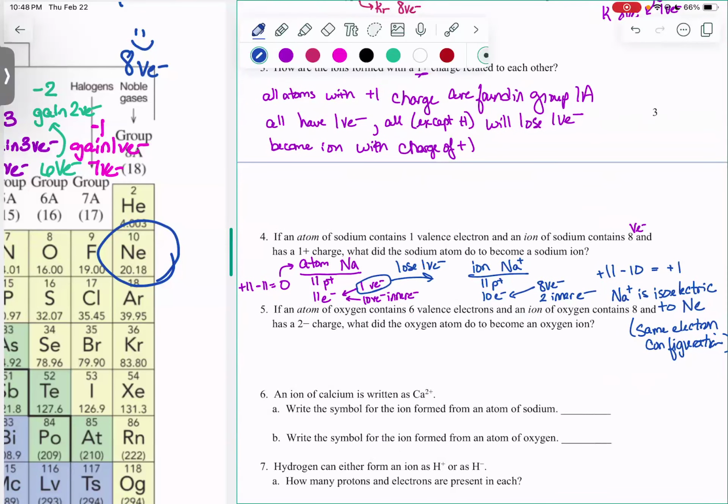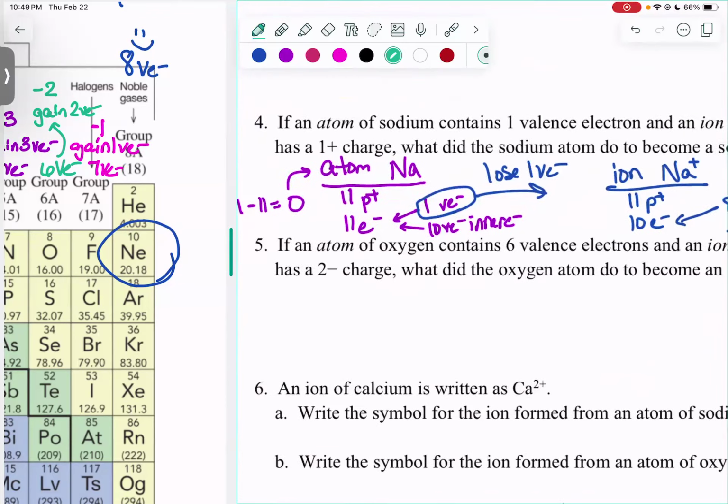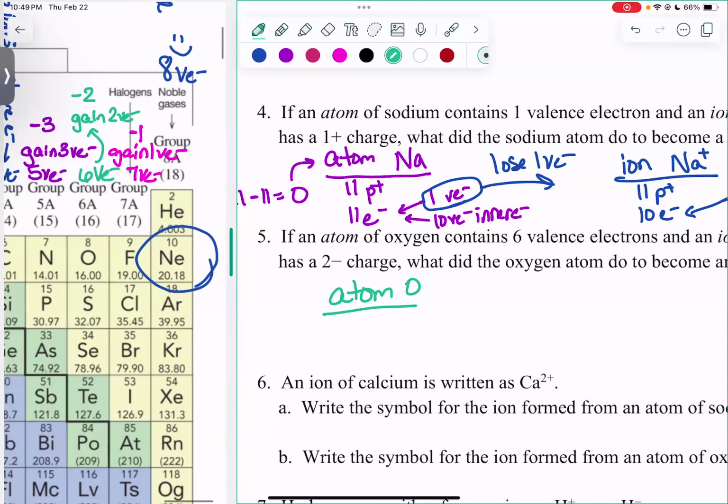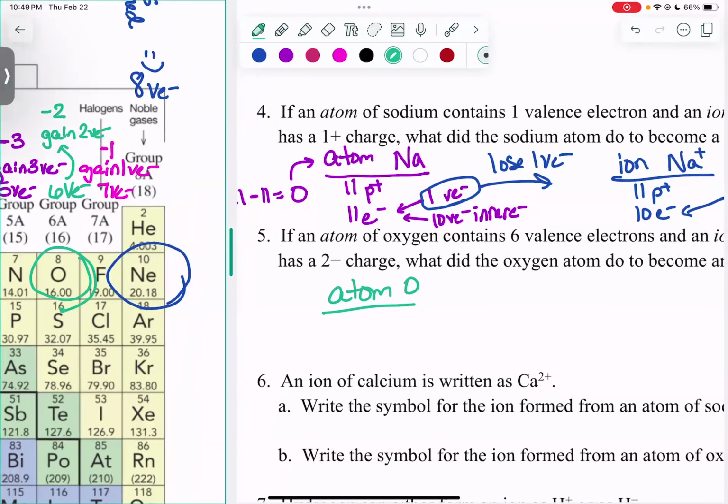If an atom of oxygen contains 6 valence electrons and an ion of oxygen contains 8 valence electrons and has a 2 negative charge, or a -2, what did the oxygen atom do to become an oxygen ion? Well, it's the same sort of deal. If I start out as an atom of oxygen, it's in group 6A, so that tells us what's going to happen, but let's break it down.